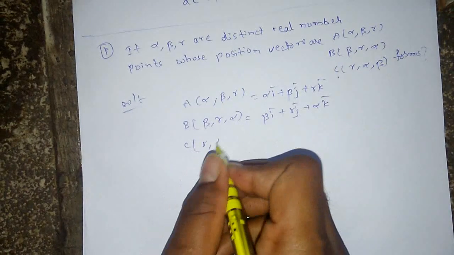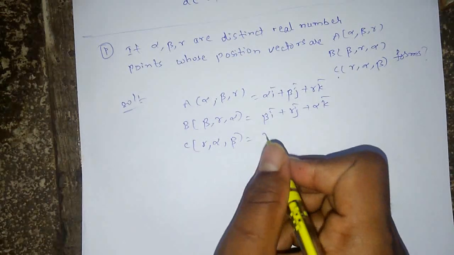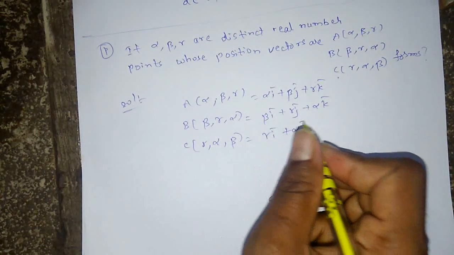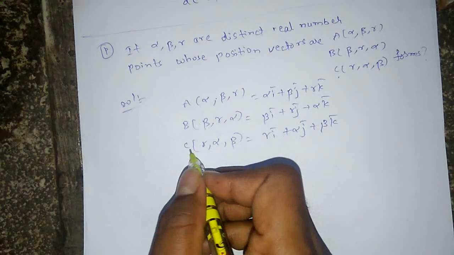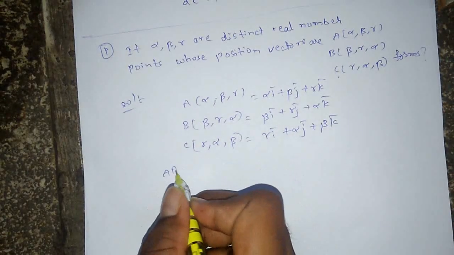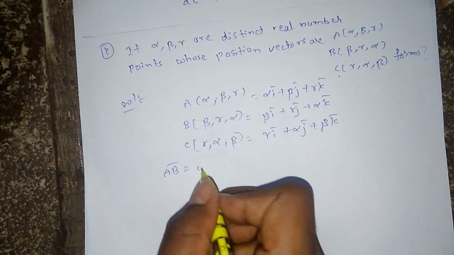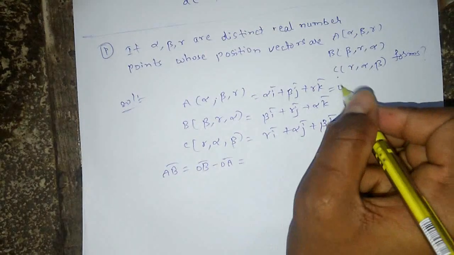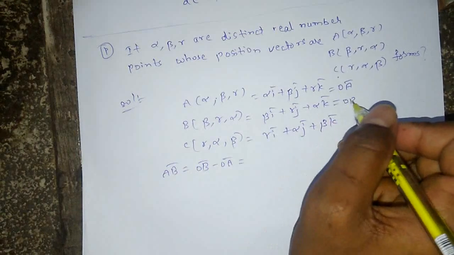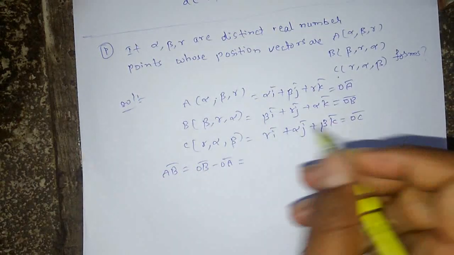C is gamma alpha beta, that is gamma I bar plus alpha j bar plus beta k bar. So these are the points. Next let us find the vectors. AB bar means OB bar minus OA bar, where this is OA bar, this is OB bar, this is OC bar.